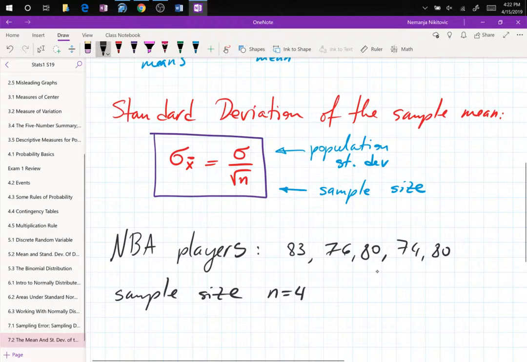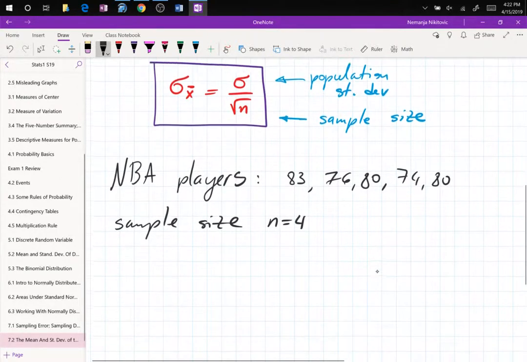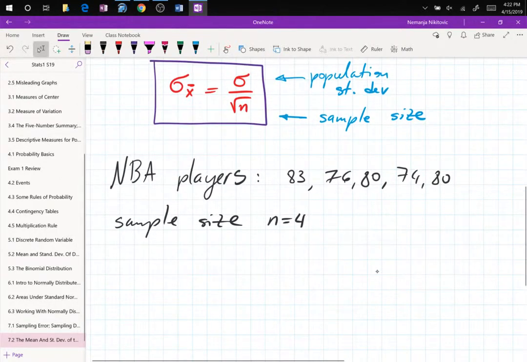Now, on a basketball team there are 5 players playing. So what we do is find all of the samples of size 4. Clearly the first 4 numbers would create one such sample. So 83, 76, 80, and 74.